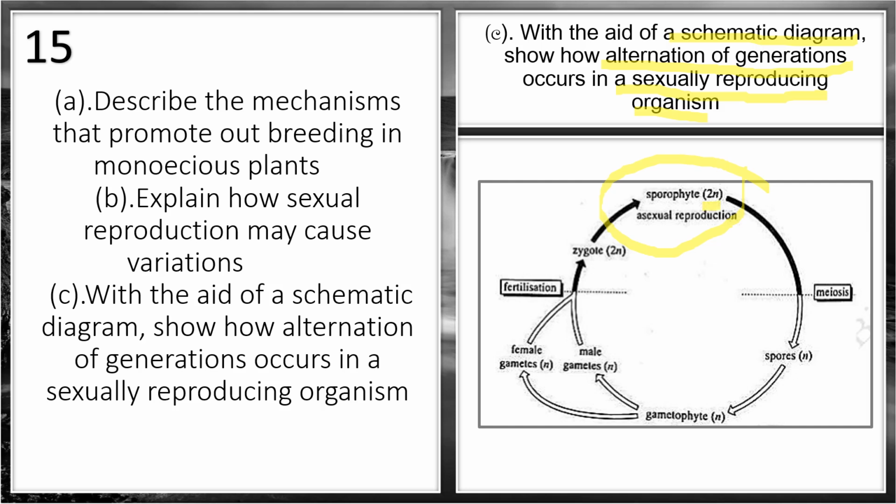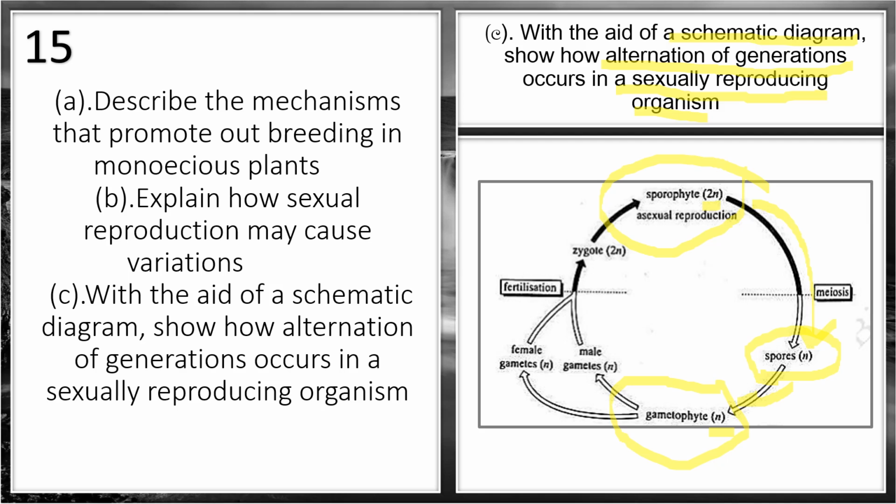It undergoes meiosis to produce spores, which are haploid. The spores germinate and form a gametophyte, which is N.